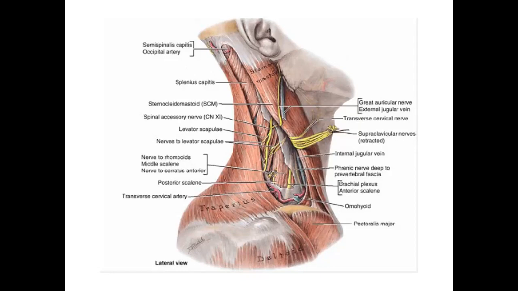Then today's assignment is draw posterior triangle boundaries. One diagram boundaries, next diagram contents. Neat labeled diagrams of boundaries and contents and submit them.